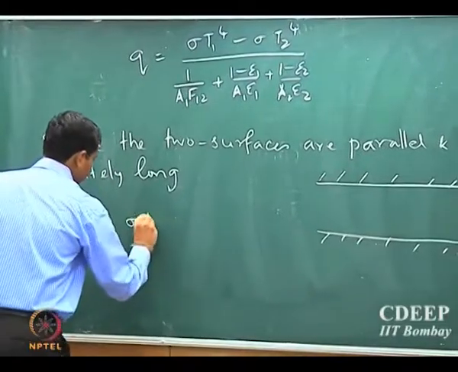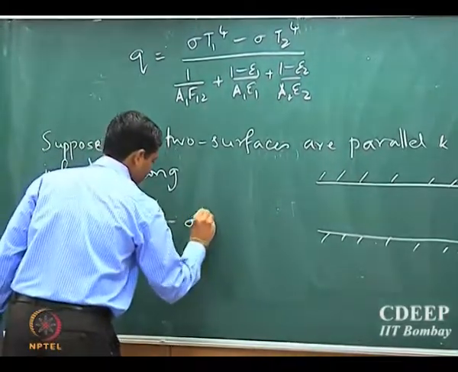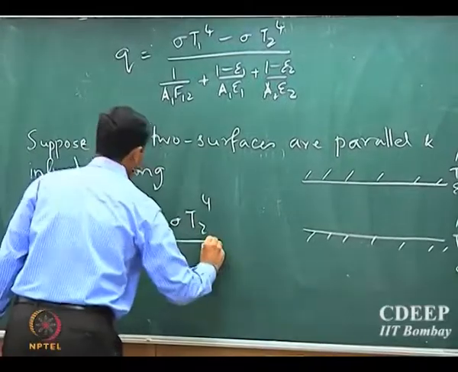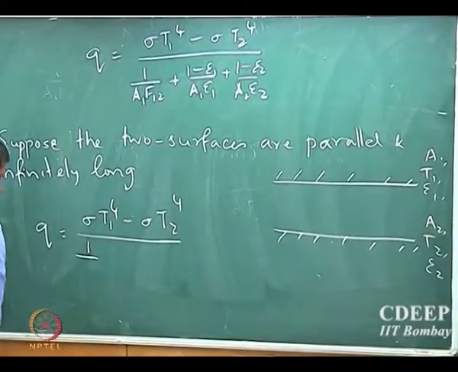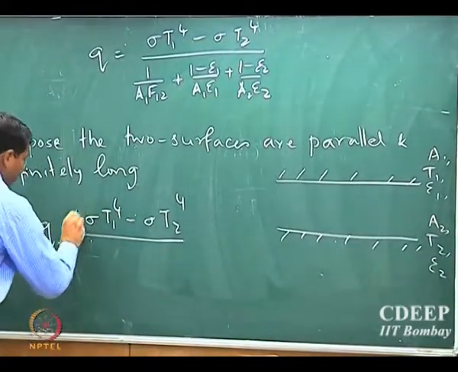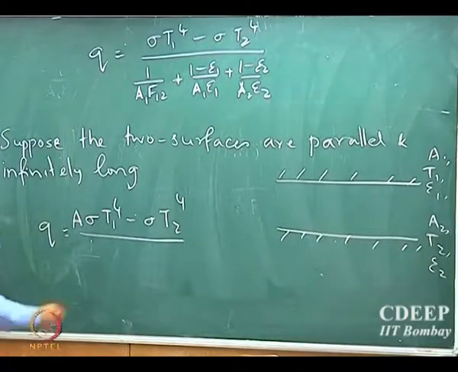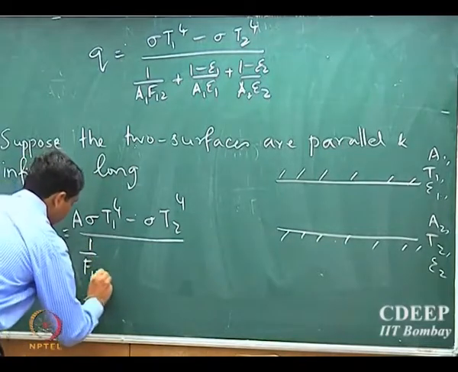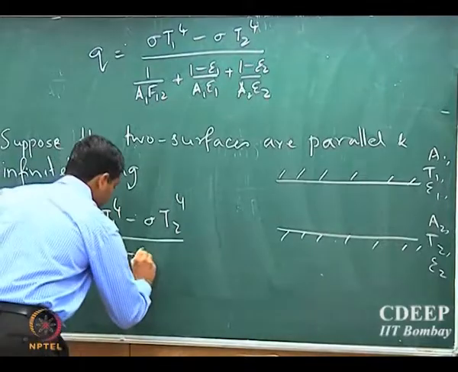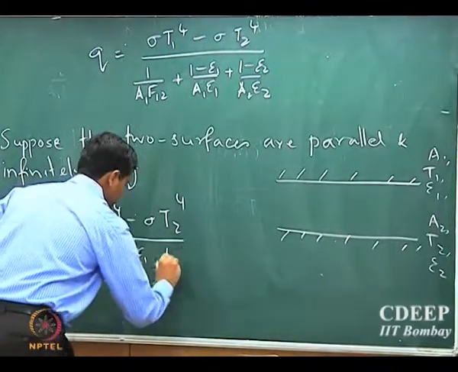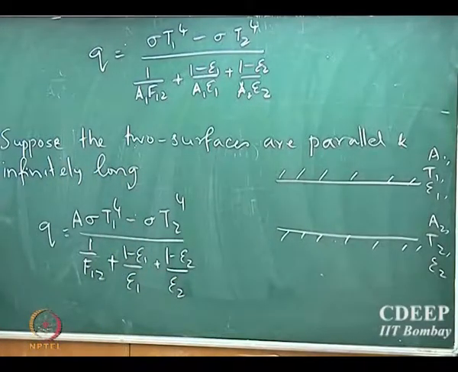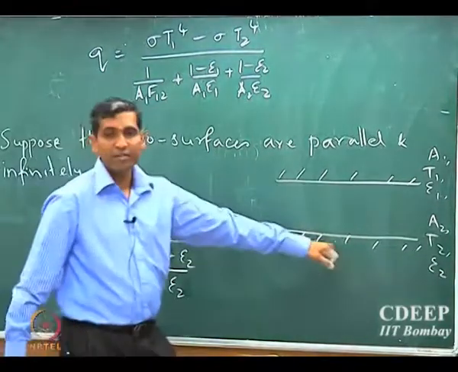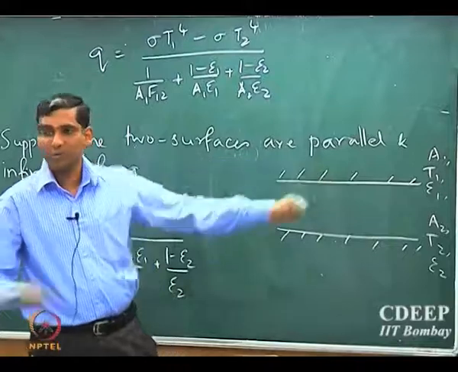So, it is sigma (T1 to the power of 4 minus T2 to the power of 4) divided by 1 by A1 F12 and so on. A1 and A2 are same, so we can take it up there. If I say area of the parallel plate is A, so that will be 1 by F12 plus (1 minus epsilon 1) by epsilon 1 plus (1 minus epsilon 2) by epsilon 2. What is F12? It's 1, because whatever radiation that leaves surface 2, it has to be seen by surface 1.